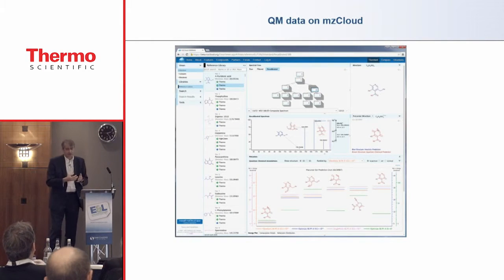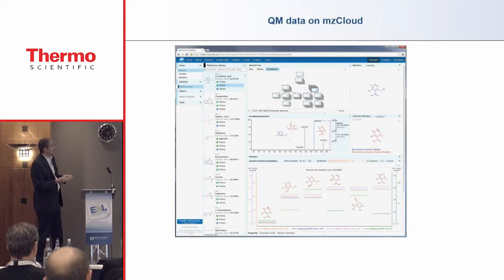We moved this story a little bit further, and as I mentioned to you, we also do quantum chemical predictions. We take chemical structures and try to calculate the fragment stability to get really high quality information about our fragments.